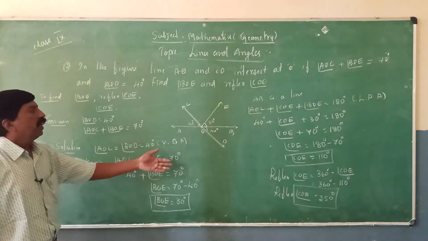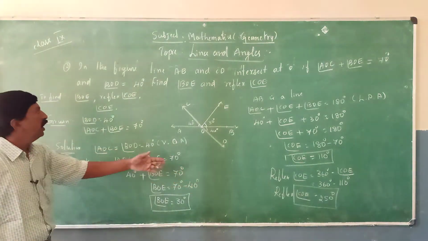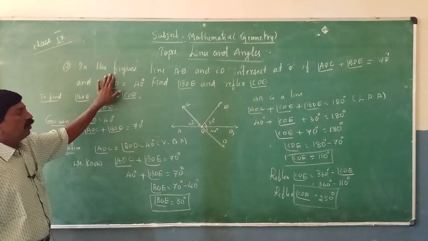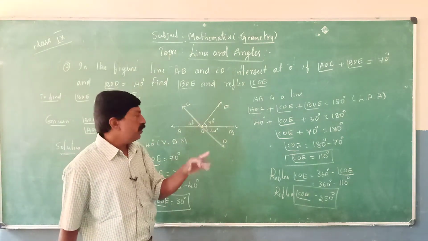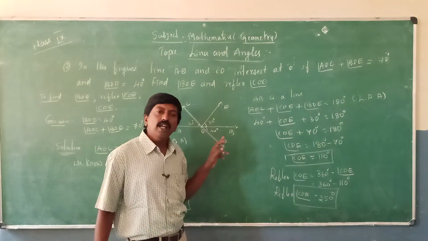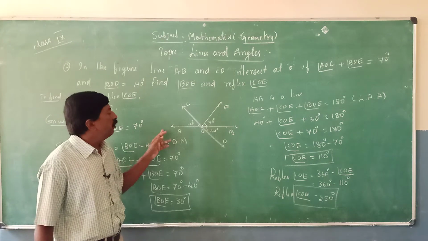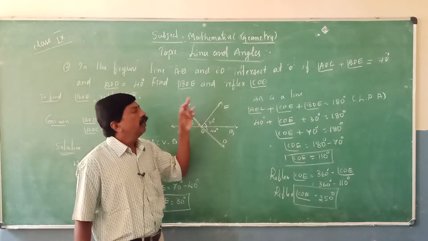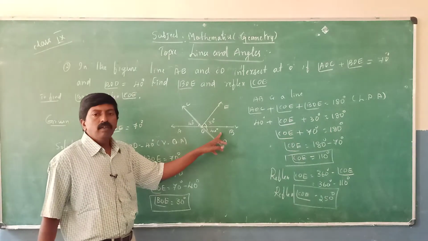Like this you can calculate the remaining angles. Once again look here. What are they given? A diagram is given. In that diagram AB and CD, two lines intersect each other. From this we came to know that vertically opposite angles are equal. And also they are given AOC plus BOE is 70 degrees and BOD angle is 40 degrees.